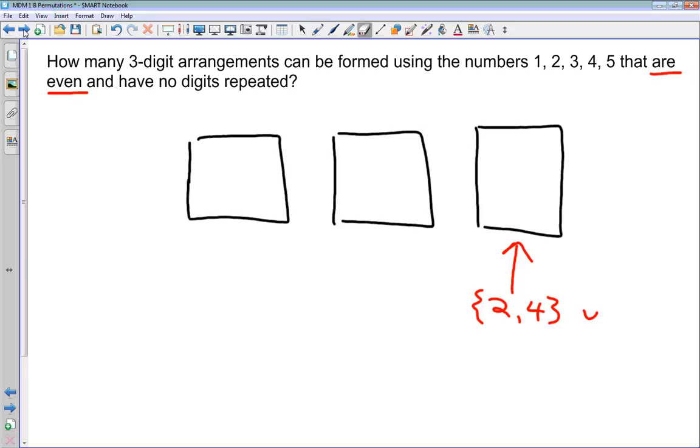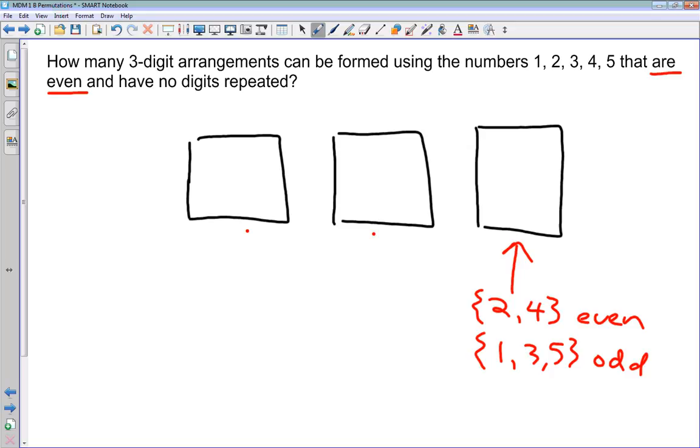If that last digit is even, then our whole number is even. If we put a 1, a 3, or a 5 in that box, our whole 3-digit number will be an odd number.